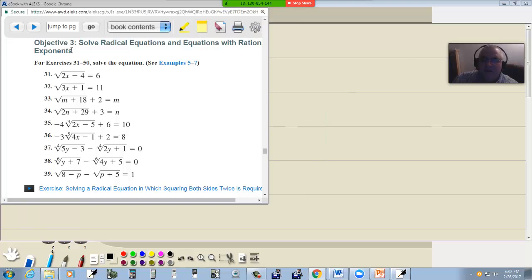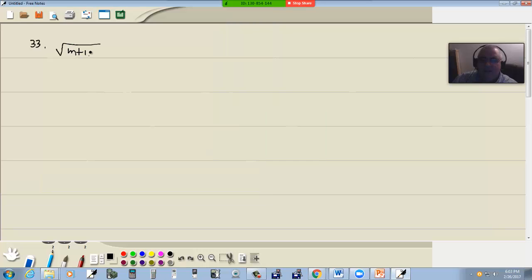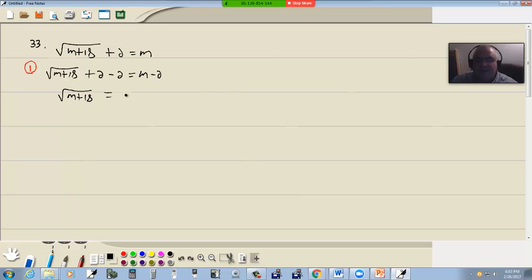Square root of m plus 18, plus 2, is equal to m. Step 1. Get a radical by itself. Well, this isn't by itself. We've got a plus 2 over here. So to get it by itself, we can do the opposite operation. That's adding 2, so we're going to subtract 2. Or you can simply take 2 and move it over to the right side. So we get square root of m plus 18 is equal to m minus 2.